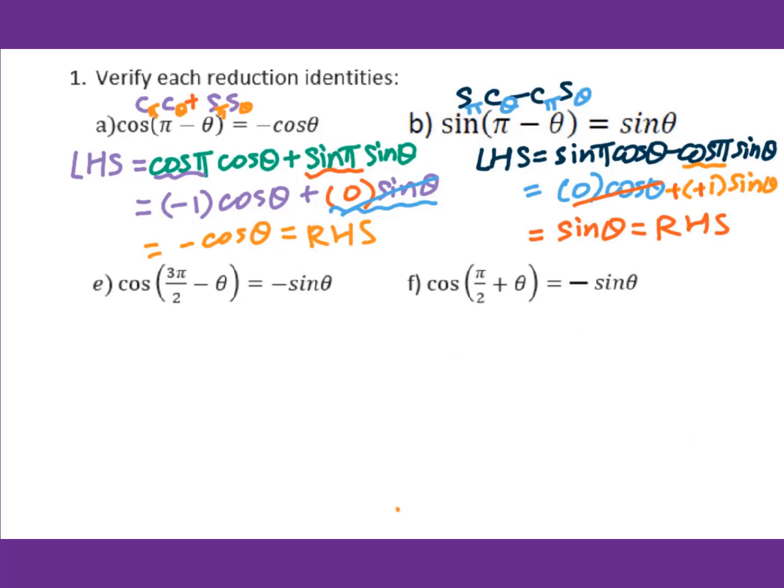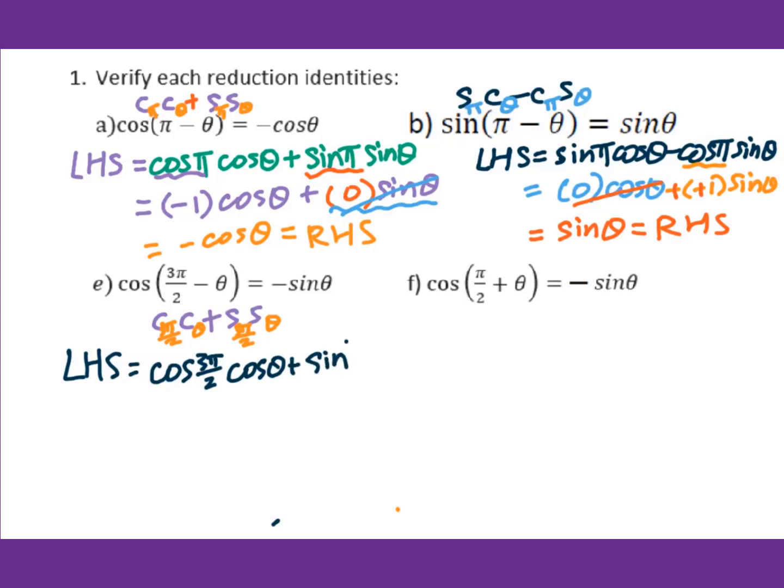For E, we have cosine(3 pi over 2 minus theta), which means CCSS plus, with 3 pi over 2 and theta. Therefore, we get started from the left-hand side. You got cosine 3 pi over 2 cosine theta plus sine 3 pi over 2 sine theta.